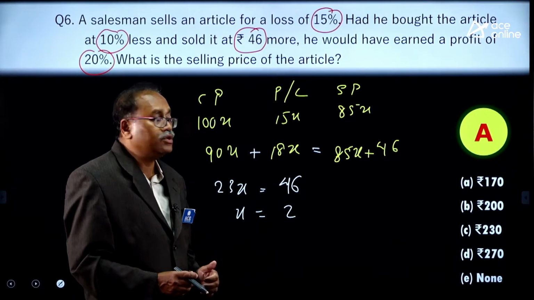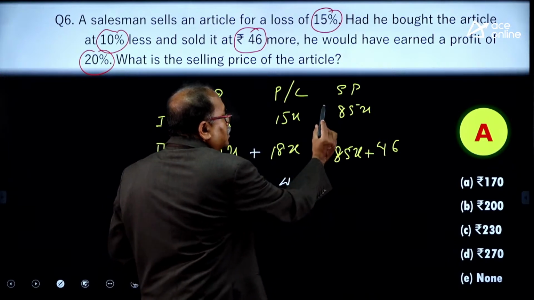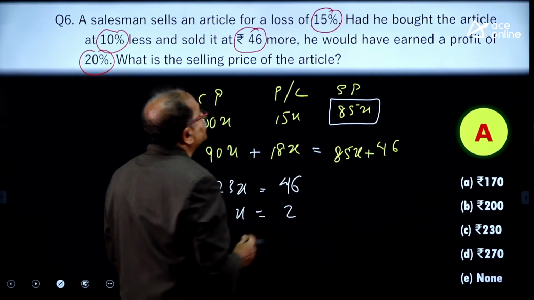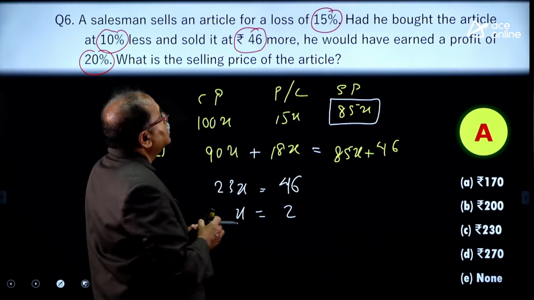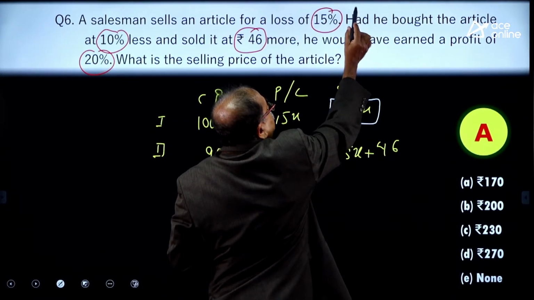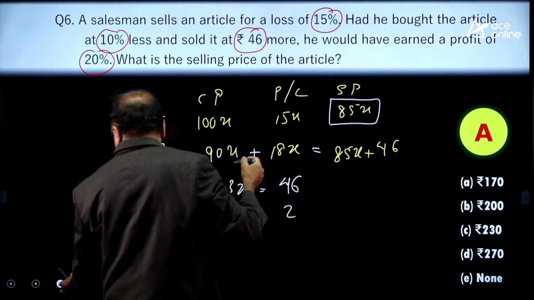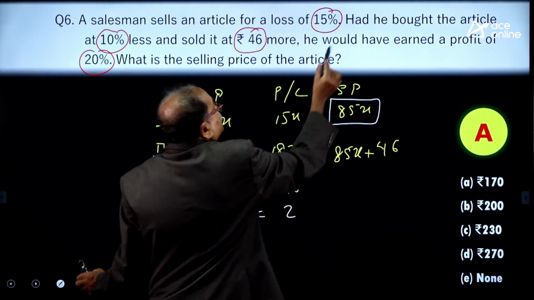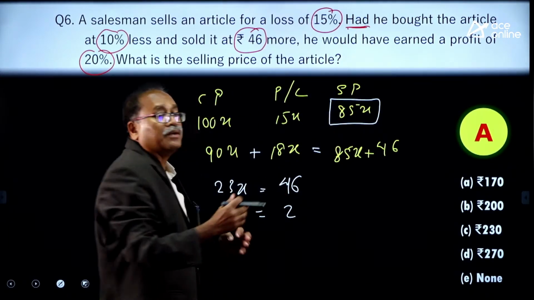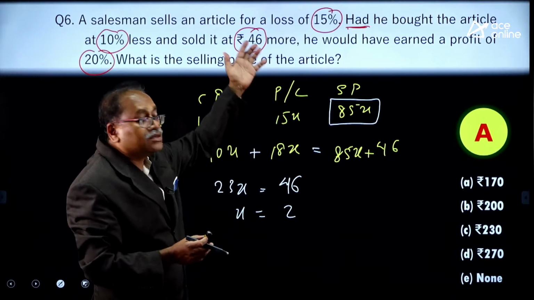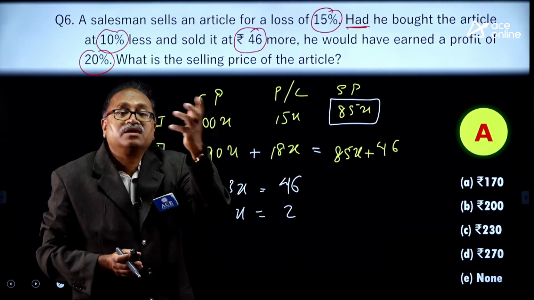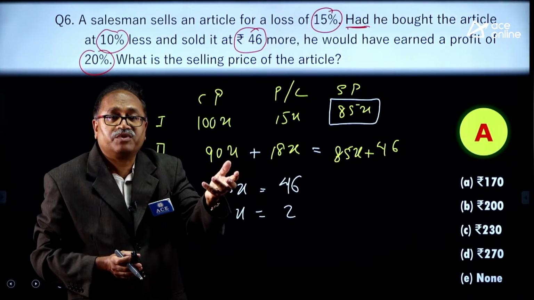If the x value is 2, what was the selling price? It is asked what is the selling price of the article, and this is a hypothetical situation, if it happens that the cost price is reduced and the selling price is increased, in that case he is getting 20% profit.